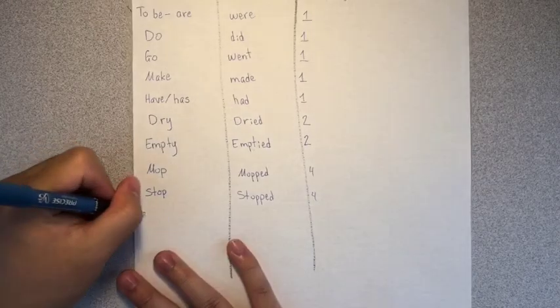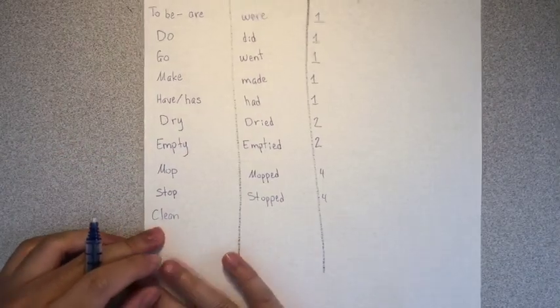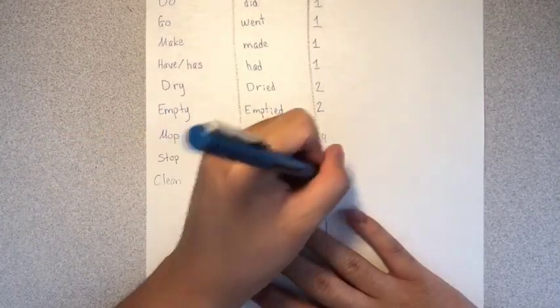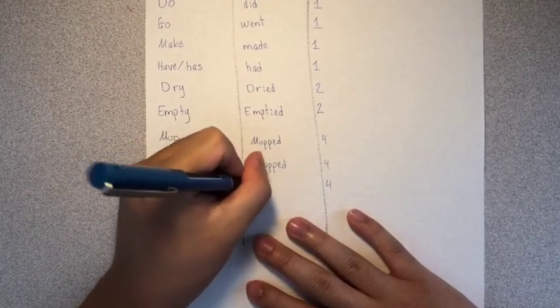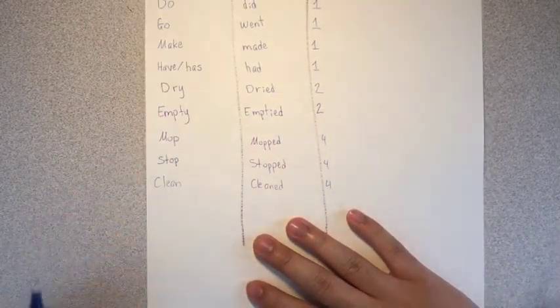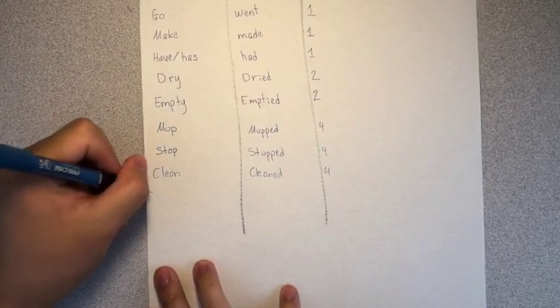We had the word clean. We learned the word clean. Okay, so clean follows rule 4. We just write ed at the end. Cleaned. Wash.